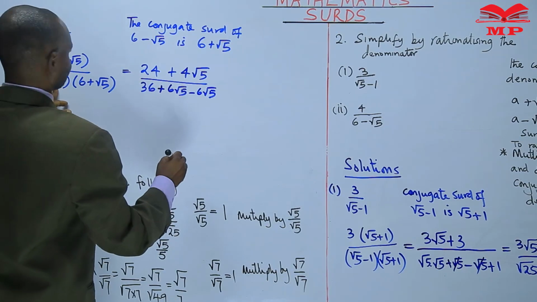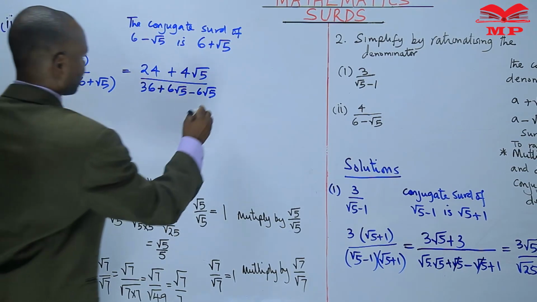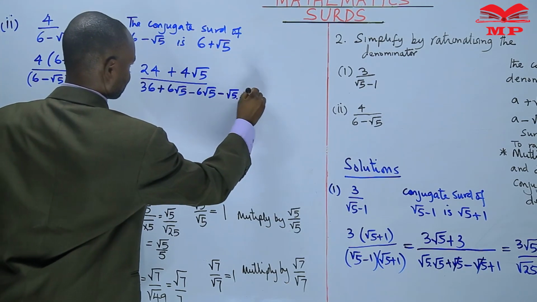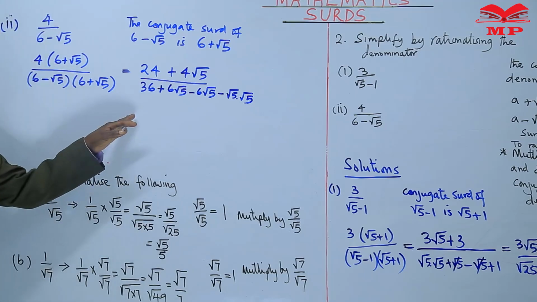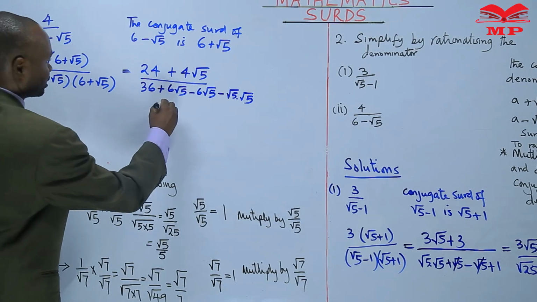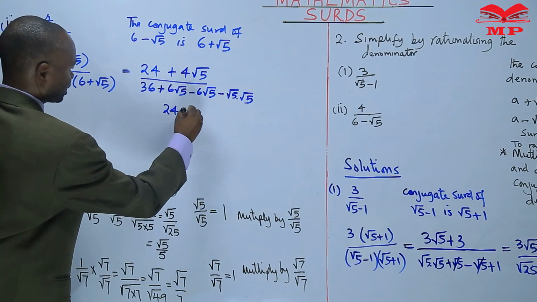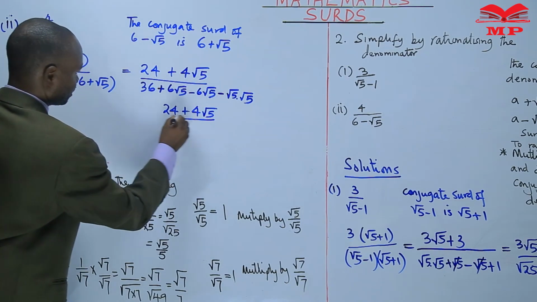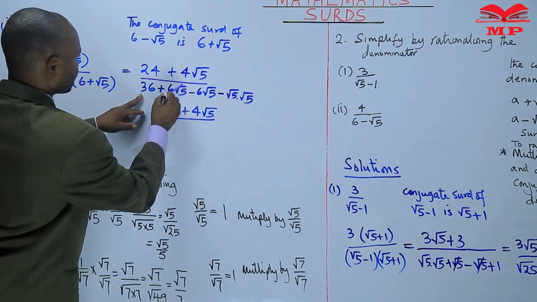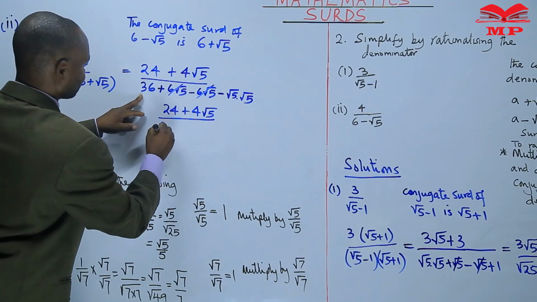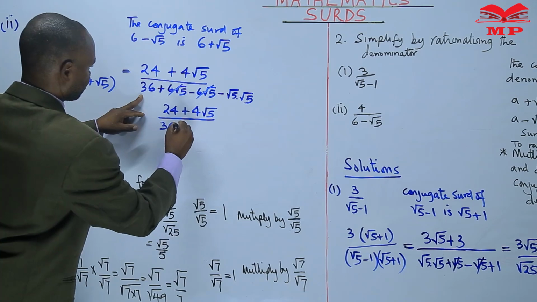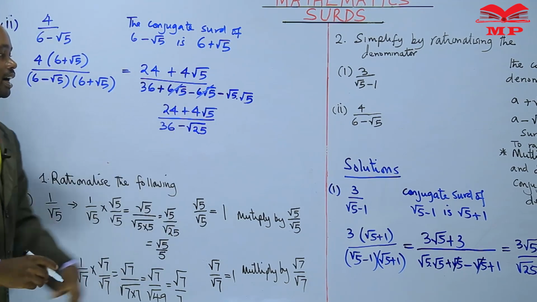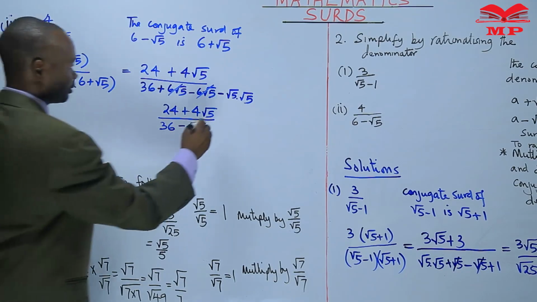Then you finish up with square root of 5 times square root of 5. Let's simplify. The denominator remains the same. 24 plus 4 square root of 5 over, this and this cancel, 36 minus square root of 25. Square root of 5 times square root of 5 is square root of 25.